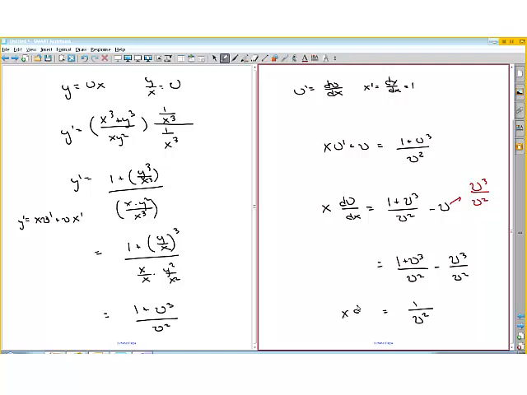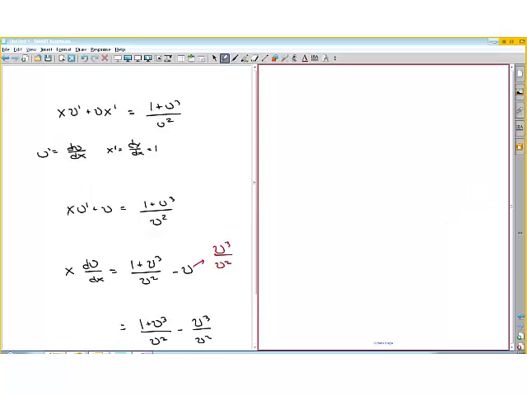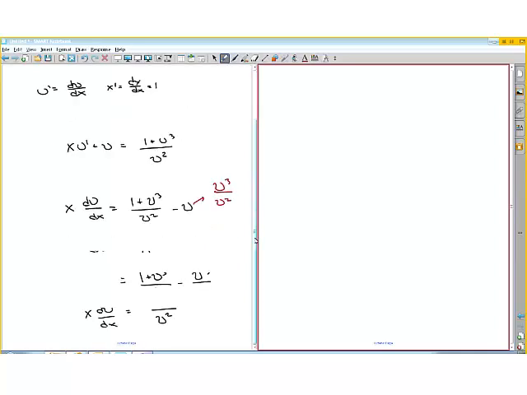The left-hand side is x d mu dx. So now we can do separation of variables. You multiply both sides by mu squared, divide both sides by x, and multiply by dx.